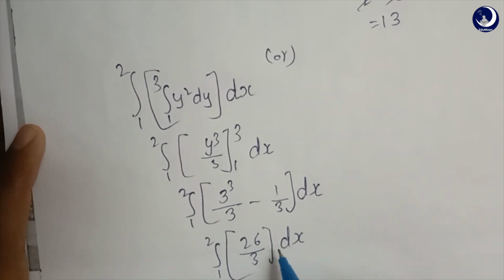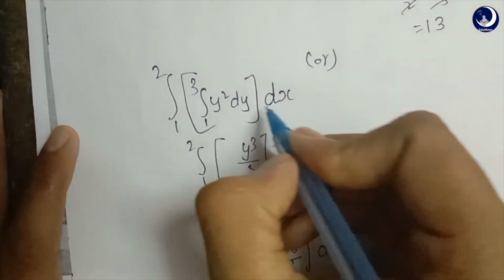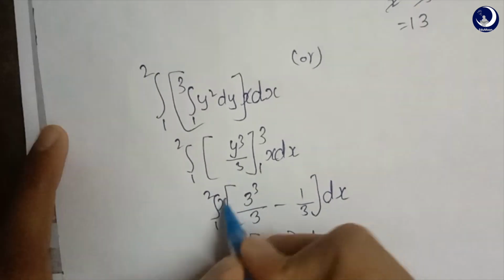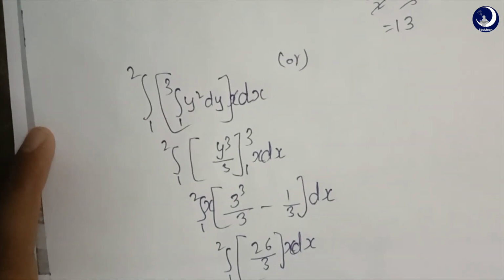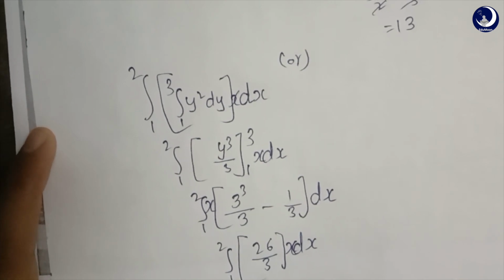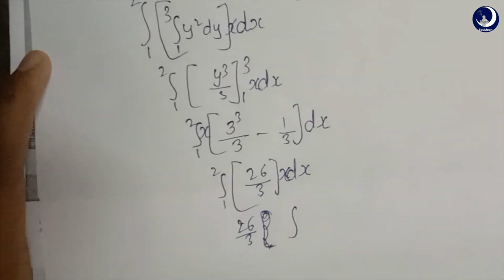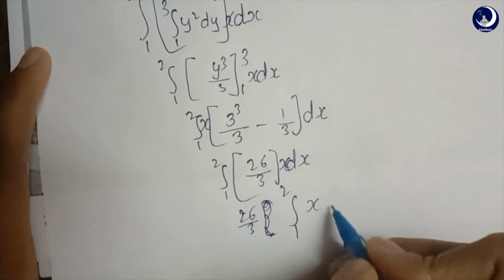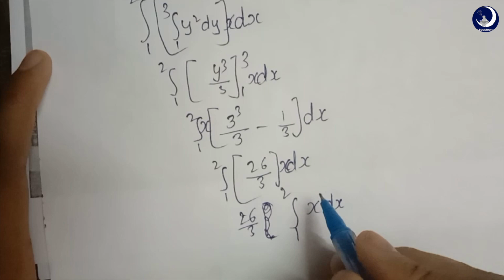So now you integrate, sorry, I missed dx. So the constant is put out, 26 by 3 into integral 1 to 2, x dx. So we have to solve this x function.